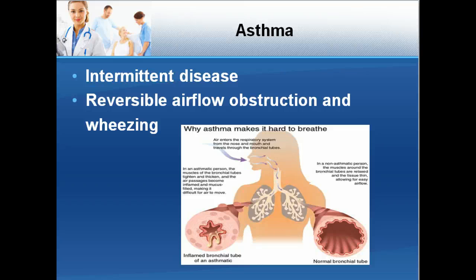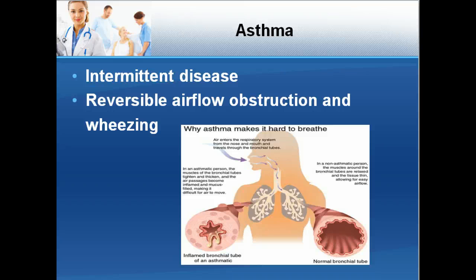The next disease process is asthma, and that falls under this category. Asthma is generally an intermittent disease. There's a reversible airflow obstruction and wheezing. Why asthma makes it hard to breathe: air enters the respiratory system from the nose and mouth and travels through the bronchial tubules.